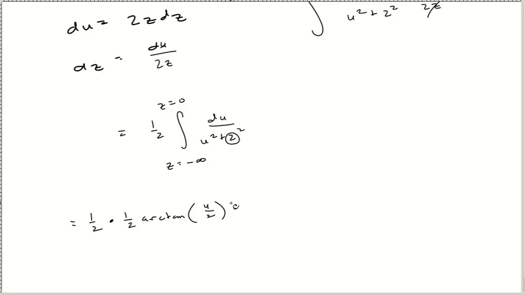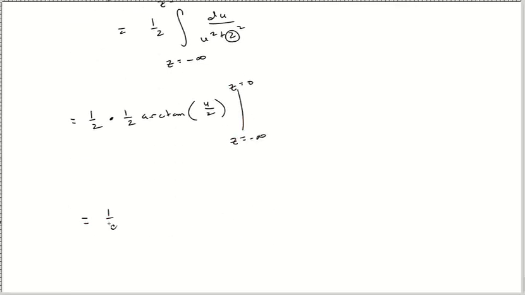I think that's it. Cool. So from z equals negative infinity to z equals 0, I'm going to convert that back now: 1/4 arctan of now not u, but z squared all over 2, from negative infinity to 0.